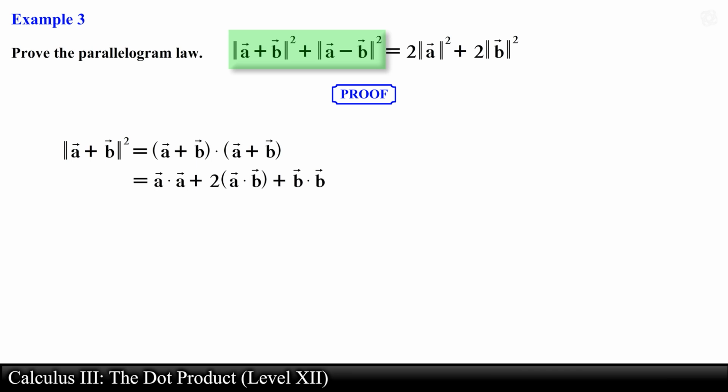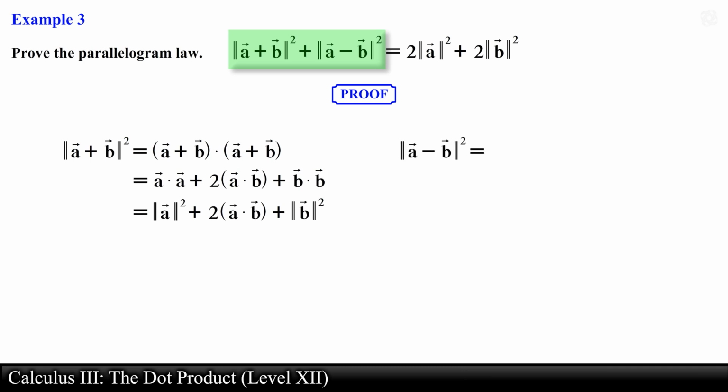Then we go ahead and use the distributive property for dot products. Next, we go ahead and rewrite vector A dotted with vector A and vector B dotted with vector B as the magnitude of vector A squared and the magnitude of vector B squared respectively.